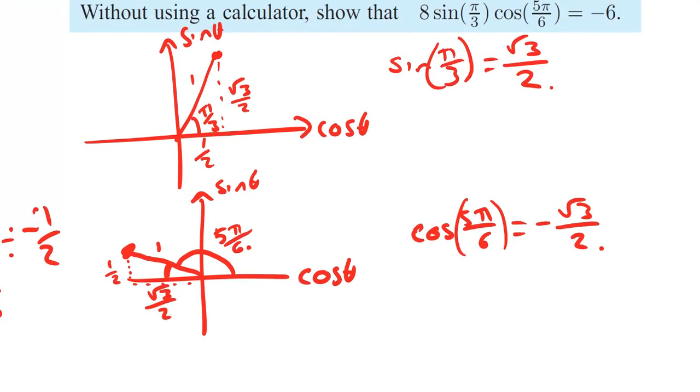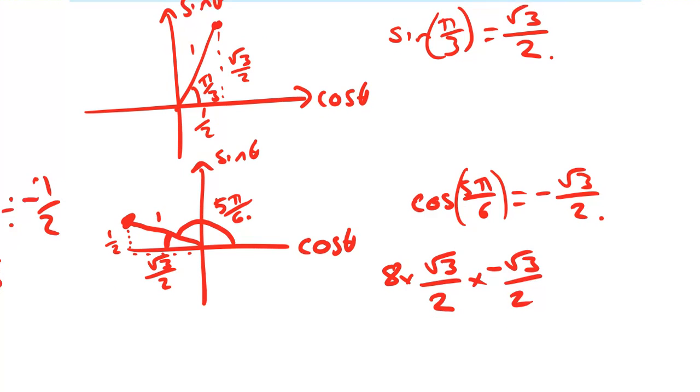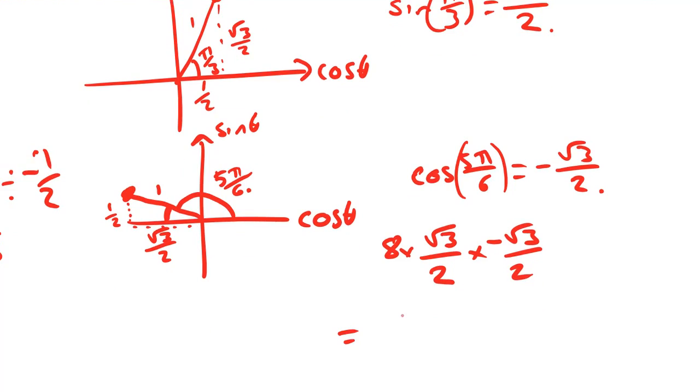So putting this all together, we're going to have that 8 sine pi over 3 cosine 5 pi over 6 is the same thing as 8 times, well, sine pi over 3 was root 3 over 2. Cosine 5 pi over 6 was minus root 3 over 2. So if we work out what that is, let's keep the 8 there.